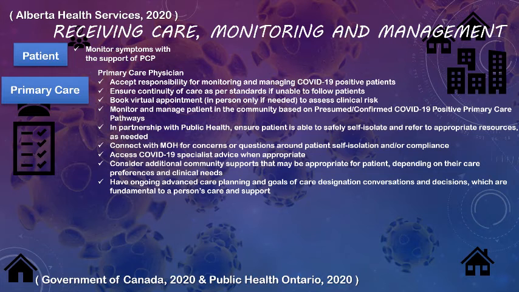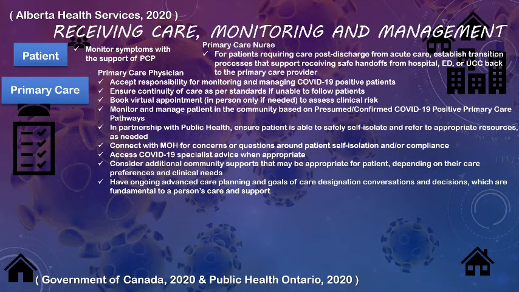Have ongoing advance care planning and goals of care designation conversations and decisions, which are fundamental to a person's care and support. For the roles of the primary care nurse, for patients requiring care post discharge from acute care, establish transition processes that support receiving safe handoffs from hospital, emergency department, or UCC back to the primary care provider.